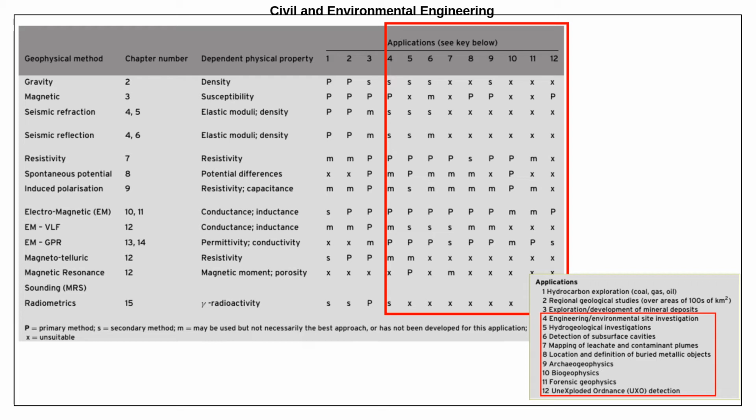So as you can see here, each application will require specific methods. Just because I said previously that you can use almost all of the geophysical methods in civil and environmental engineering, it doesn't mean that you can just pick up, say for example, the electromagnetic method and expect to use it in all types of your problems.